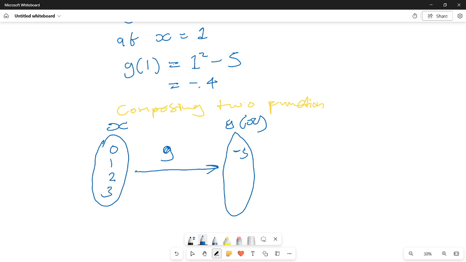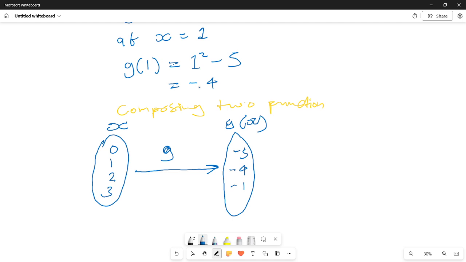If you substitute 1, you get negative 4 as the output. If you substitute 2, so 2 squared, you get 4, 4 minus 5, you get negative 1.